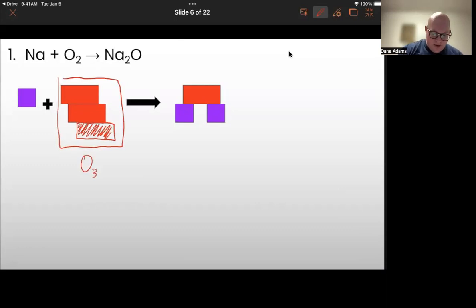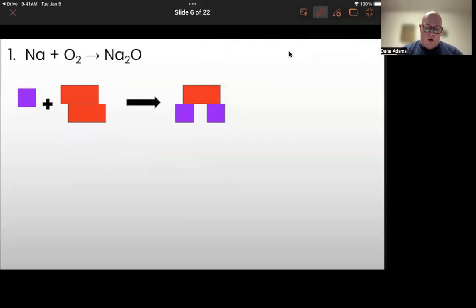Now ask yourself, is O3 the same thing as O2? And the answer to that is a resounding no. O3 is not O2. We know that when we combine atoms in different ratios, even if it's the same elements, different ratio means totally different molecule with totally different properties. So we're not allowed to do that. That's why we can't change subscripts.